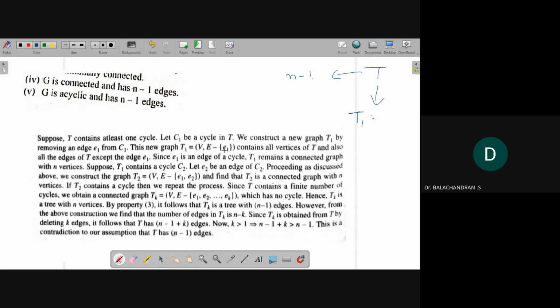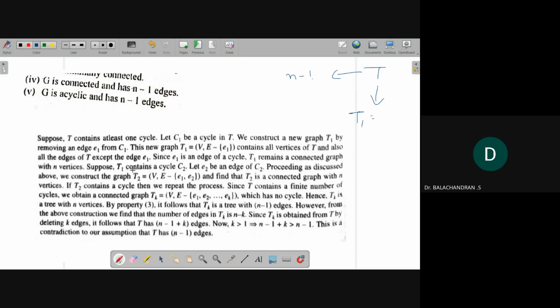This new graph contains all the vertices of T and all the edges of T except the edge E1. Since E1 is an edge of the cycle, T1 is still connected. T1 is a connected graph with n vertices.